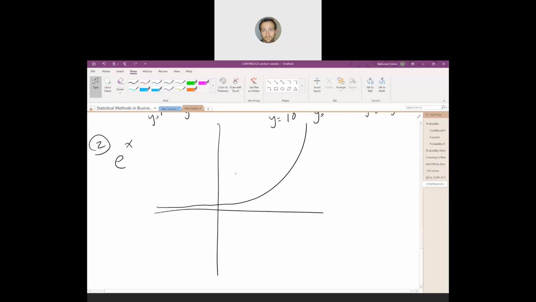Always above the x-axis. e to the 0, that's 1, right? Anything to the 0th power. So this is 0, 1. e to the 1, I don't know, it's 2.7 something. Whatever. And then it starts to kick in.